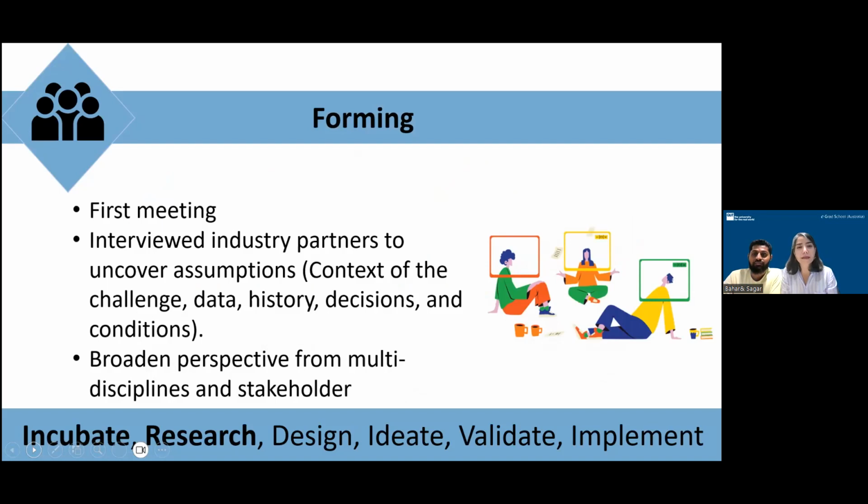For us, the forming stage started with the first day of Design Sprint, the incubation and research day. We started our day by interviewing the industry partners and doing some literature review. Things that contributed to forming us as a team: the first was our multidisciplinary differences.